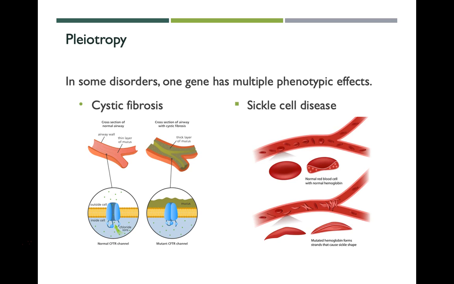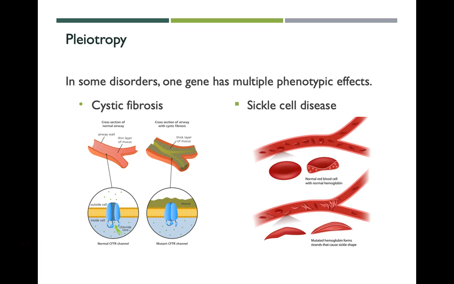So cystic fibrosis is a good example of this. This is a disorder that causes trouble breathing, it causes weakness. Individuals are often susceptible to pneumonia. But the actual gene encodes a chloride ion transport protein. And when you have a defective chloride ion transport protein, chloride ions are not pumped in and out of the cell correctly, and on the outside of the cell you can get a buildup of mucus.